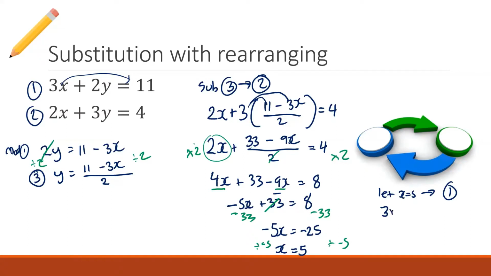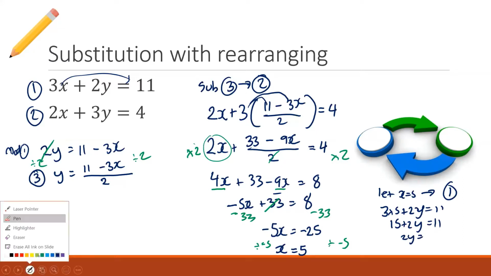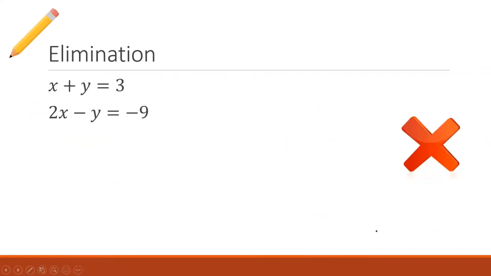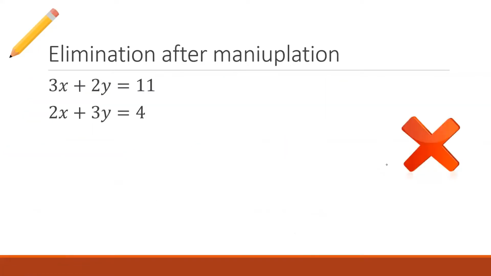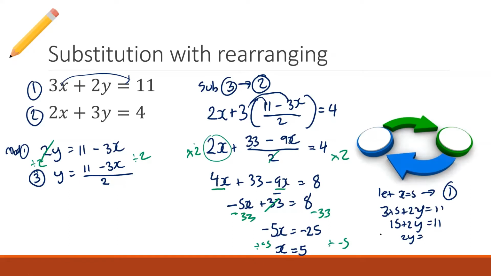3 times 5 plus 2y equals 11. 15 plus 2y equals 11. 2y equals, if I subtract 15 from both sides, 11 take away 15 is going to be negative 4.